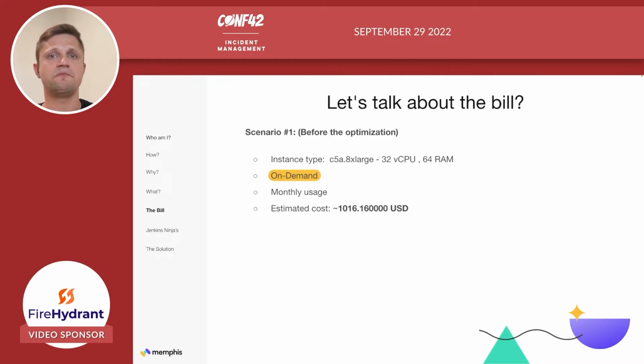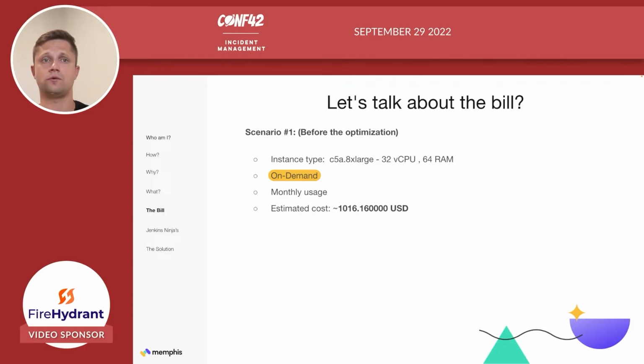Scenario number one, before the optimization: my instance type, I eventually came to 32 vCPUs and 64 GB RAM. And the next step was already 64 vCPUs. I needed this machine because my pipelines took all the CPUs and all the RAM from the server in each build.